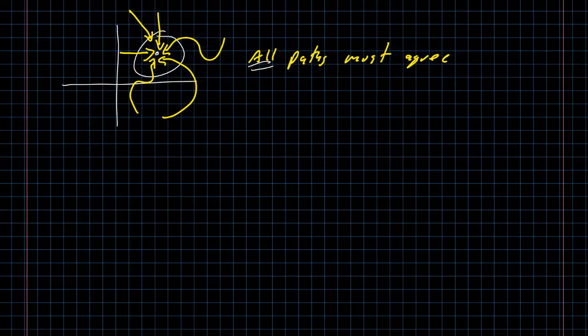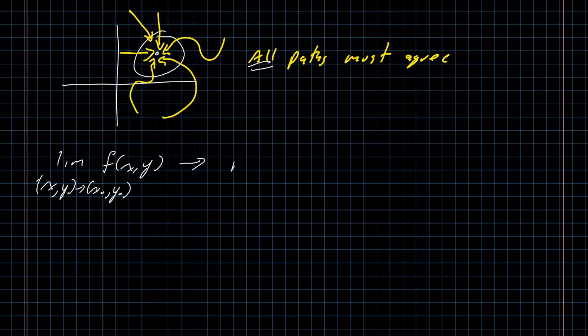But here's where function composition can come in and be useful to us. If we have a function f of x and y, and we're trying to take the limit as x, y approaches x naught, y naught, we can establish some r of t which has r of c equals x naught, y naught.